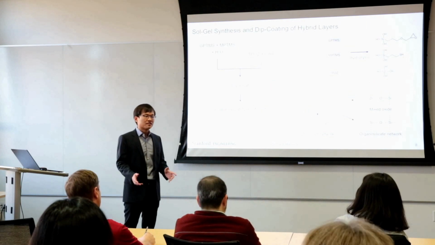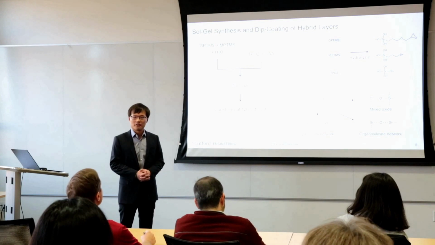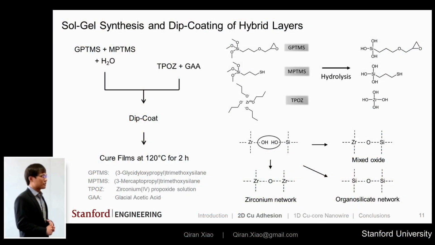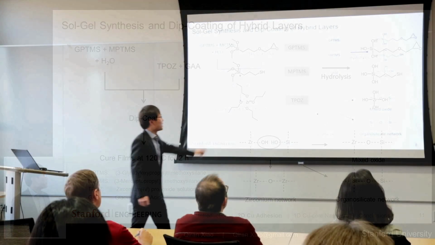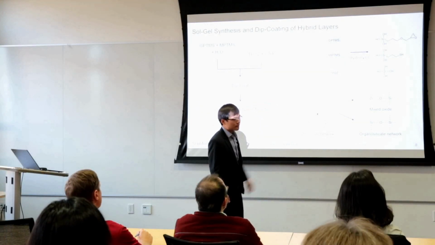Let me walk through how we synthesized and deposited our hybrid layer. Our hybrid layers are synthesized through a sol-gel process, whereby we started by dissolving GPTMS and MPTMS in an excess amount of water. And this leads to the start of GPTMS and MPTMS hydrolysis.